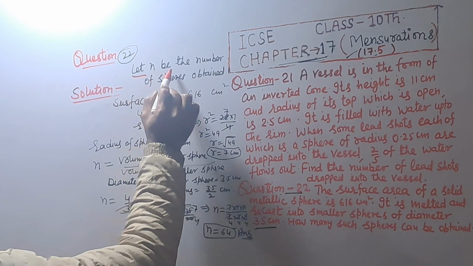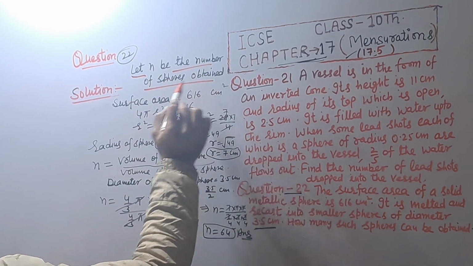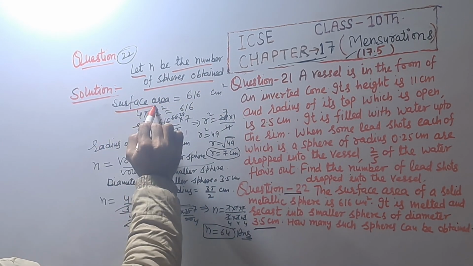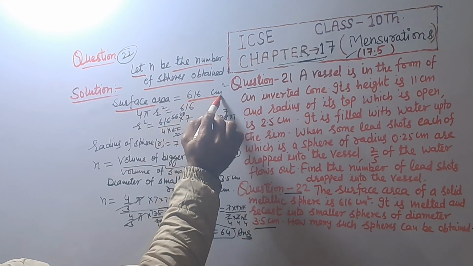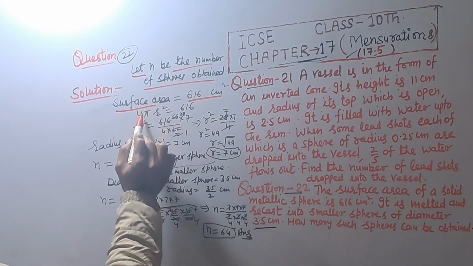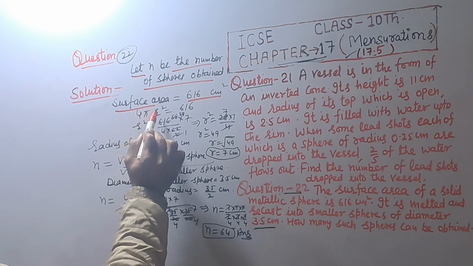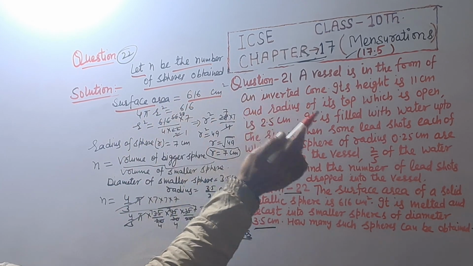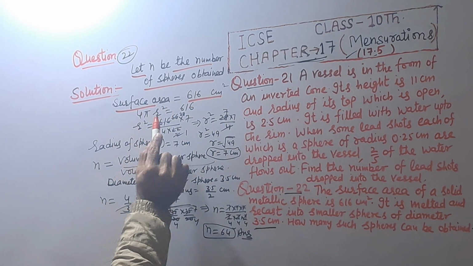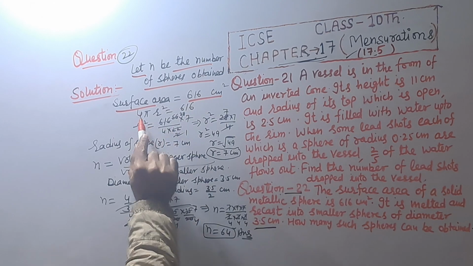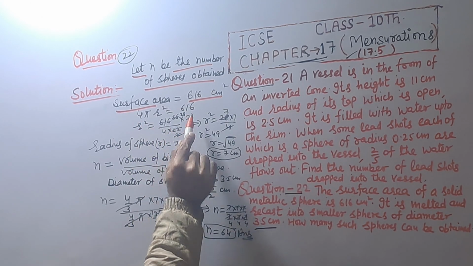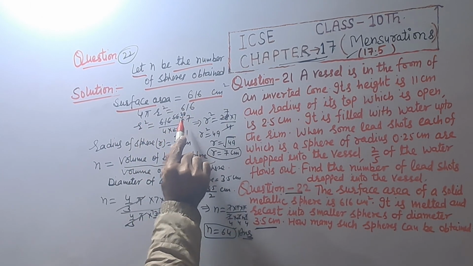Answer. Let n be the number of spheres obtained and surface area of sphere is equal to 616 centimeter square. Surface area of sphere is 4 pi r square equal to 616. R square equal to 616 divided by 4 pi. Pi is 22 upon 7 and 7 multiplied by numerator.